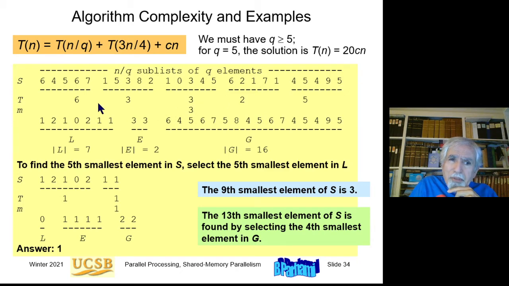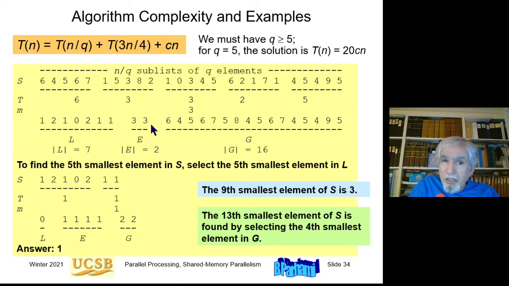The examples used here are to find the 5th smallest element, the 9th smallest element, and the 13th smallest element. These are the 3 subcases where the 5th smallest element is in this sublist L, the 9th smallest element is in this sublist, and the 13th smallest element is in this sublist.